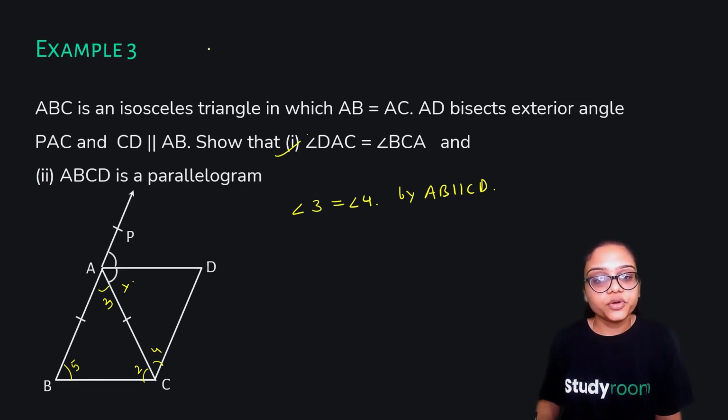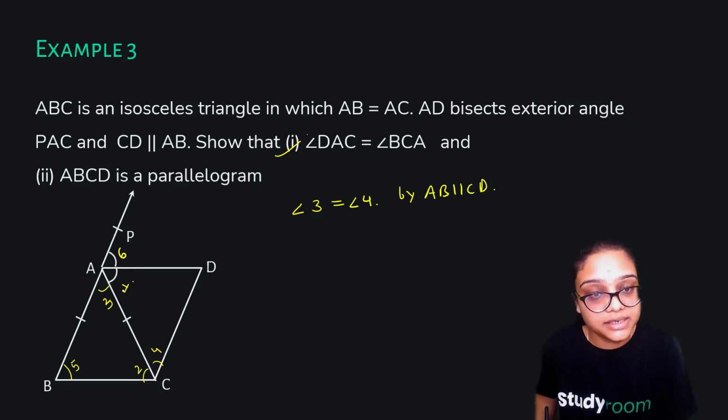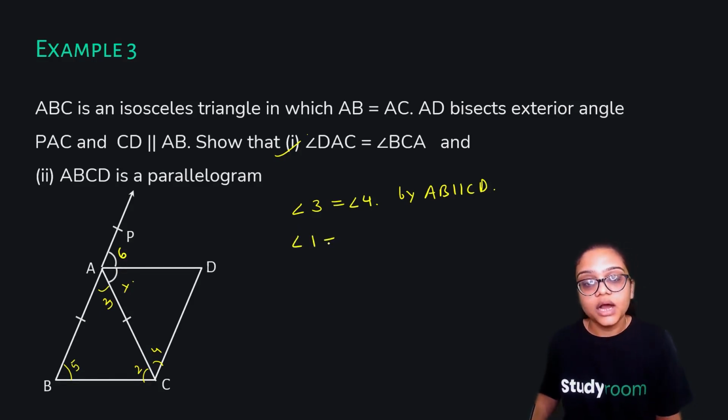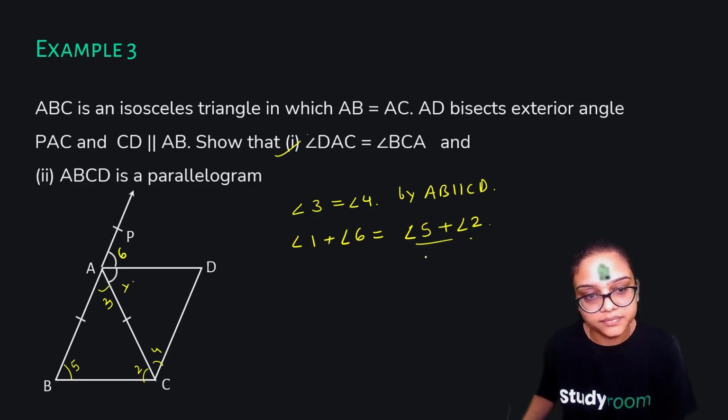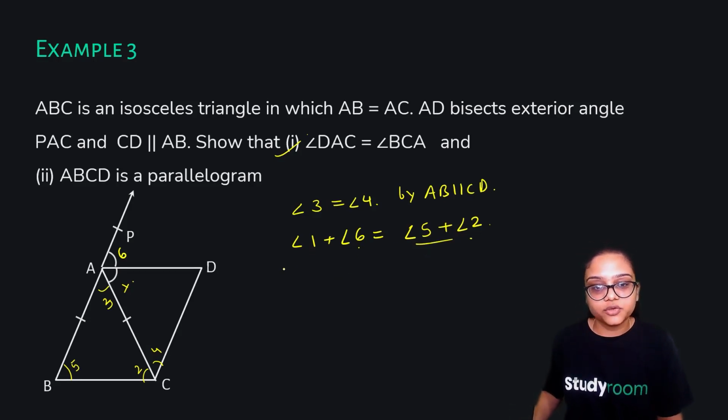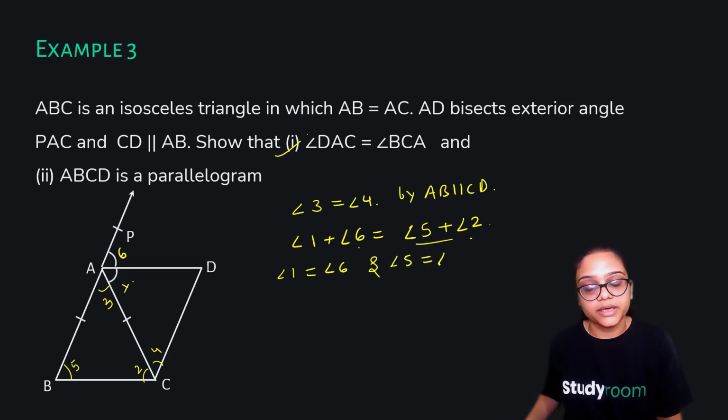Now, I hope you remember the exterior angle property, which states that the exterior angle is equal to the sum of the opposite interior angles. I'll name it 6. So angle 6 equals angle 5 plus angle 2, and we know that 5 and 2 both are equal. And angle 1 is equal to angle 6, and angle 5 is equal to angle 2.